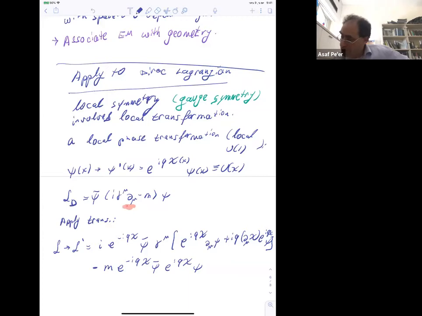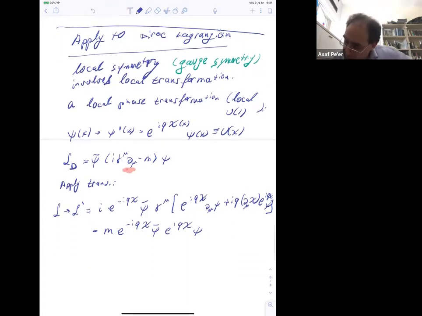So I have the original Lagrangian, but now I have this extra term, which originates from the derivative of chi. This would be minus, because i times i gives a minus, so it's minus Q psi bar gamma^mu d_mu chi psi.